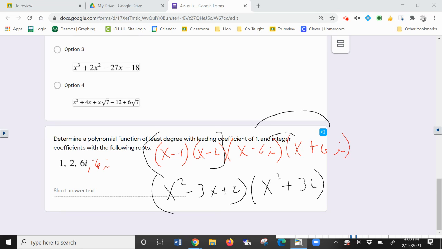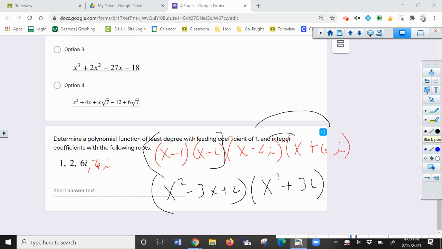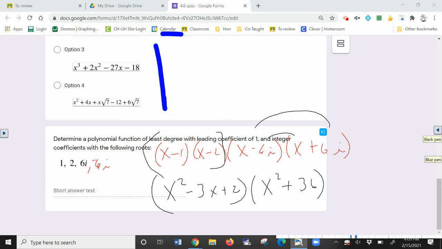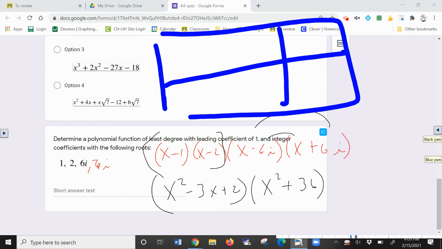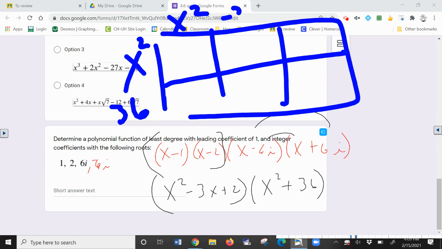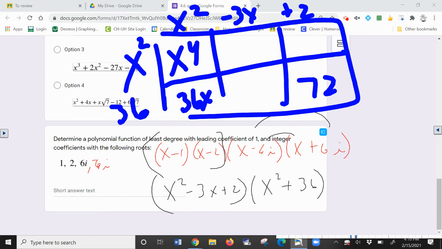And we're going to multiply those two together. So that would be just like what we were doing before. I can write it big over here. So we have x squared plus 36, x squared minus 3x plus 2. And we'd have x to the 4th, and this is 72 over here. 36x squared and positive 2x squared are like terms.